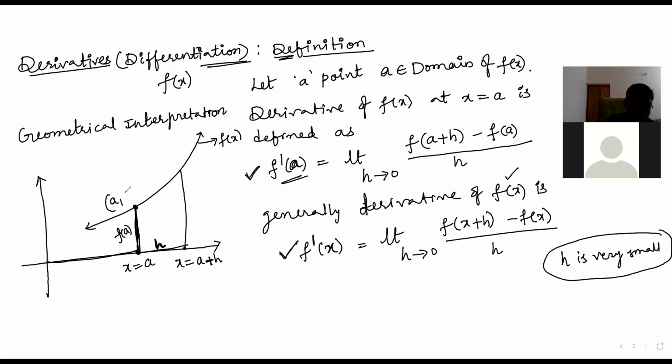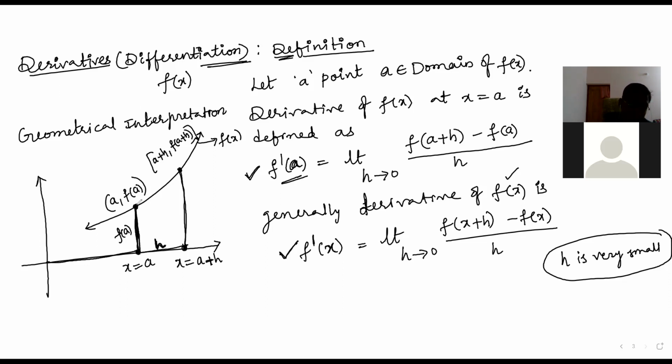Therefore, this point is a comma f of a. So this point is a plus h, and this point is a plus h comma f of a plus h. Right?